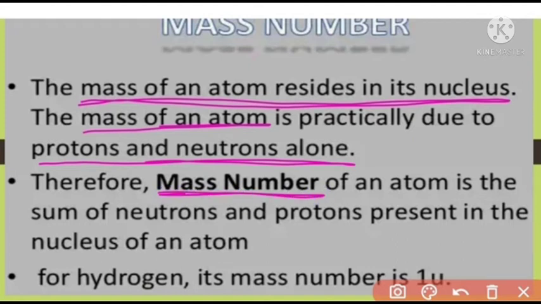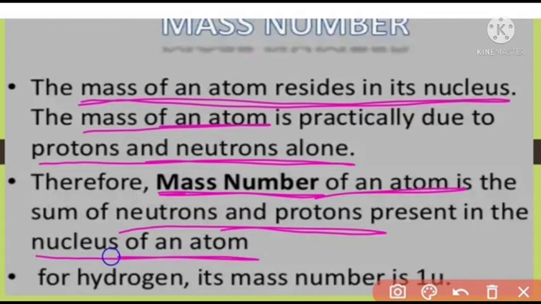Therefore the mass number or atomic mass of an atom is the sum of the neutrons and protons present in the nucleus of the atom. For example, the hydrogen atom has mass number and atomic number both 1.